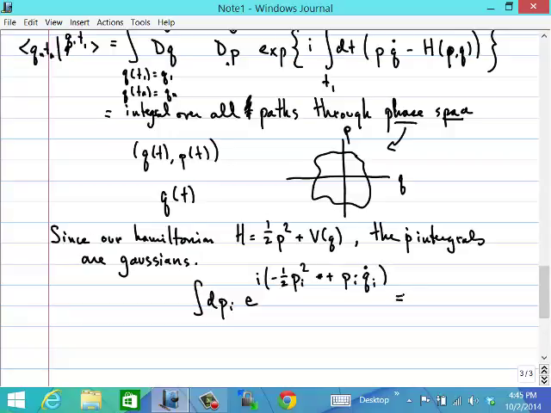And that is a Gaussian integral that we know how to do. You just do it by completing the squares, and you get some number that we aren't going to particularly care about, times e to the plus i q_i dot squared over 2.